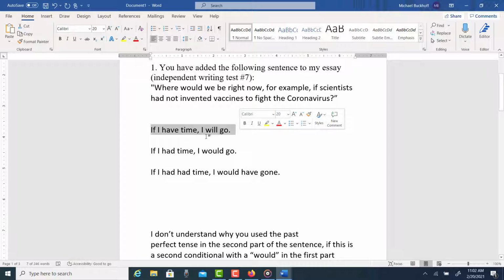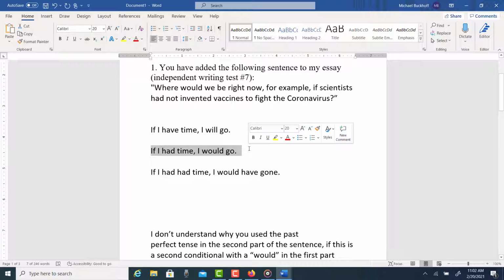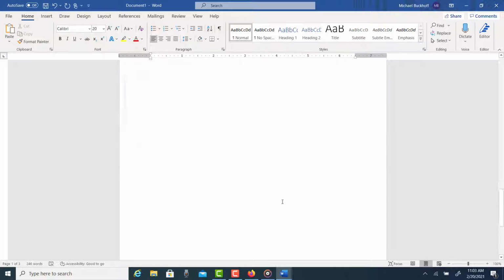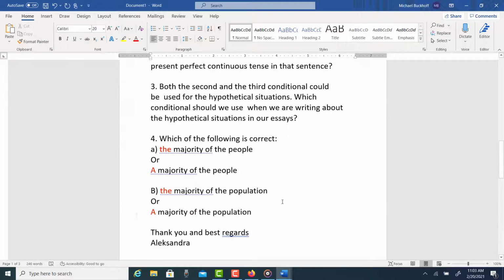Are you talking about a present impossible situation? If so, your sentence looks like this. If you're talking about a past impossible situation, then it looks like that. So it just depends on what type of situation or condition you're talking about, and then you have to use either present, past, or past perfect tense verbs in those cases.